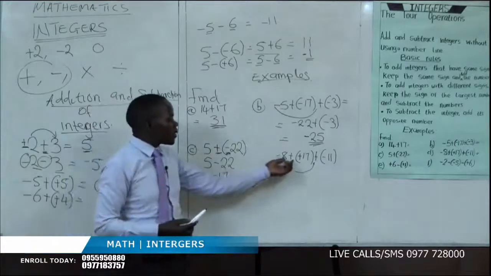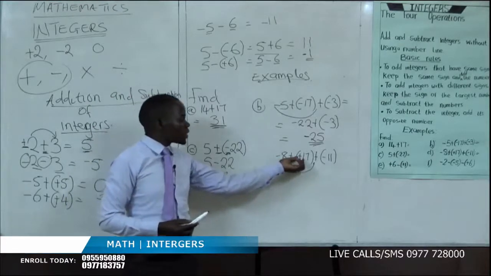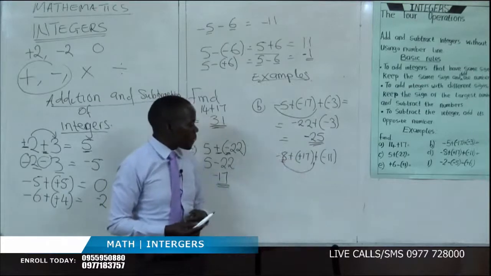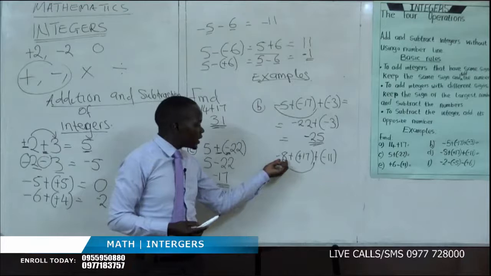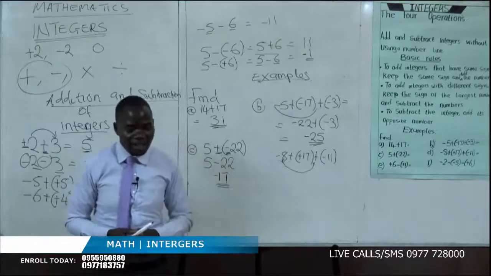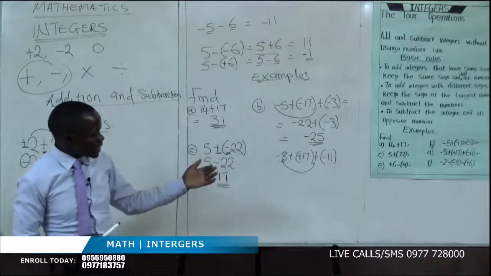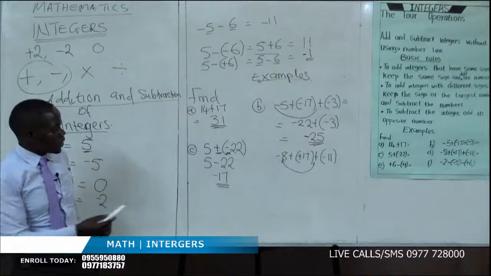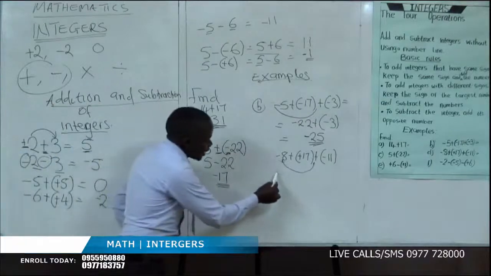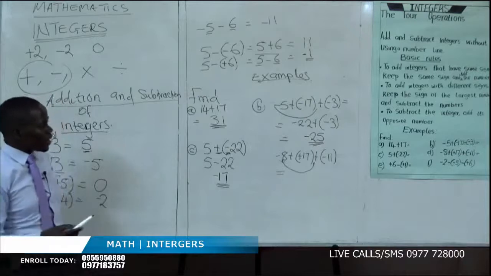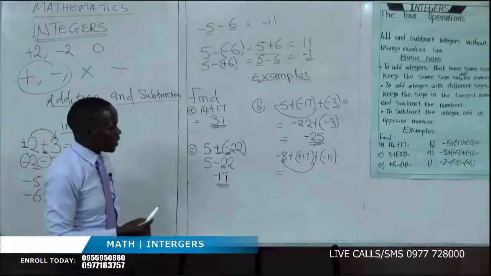So here definitely you have got positive and positive. Same consecutive signs result to positive. So you have got negative 8 plus 17. Negative 8 plus 17. What are you going to do? Good. So you are going to subtract. After subtracting, consider the sign of the bigger number.